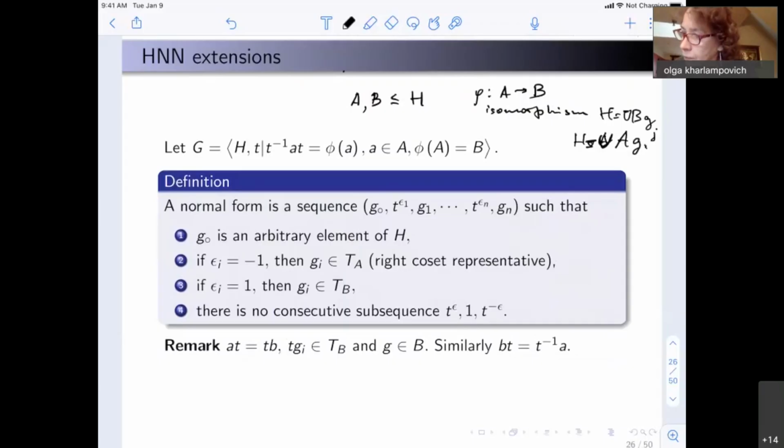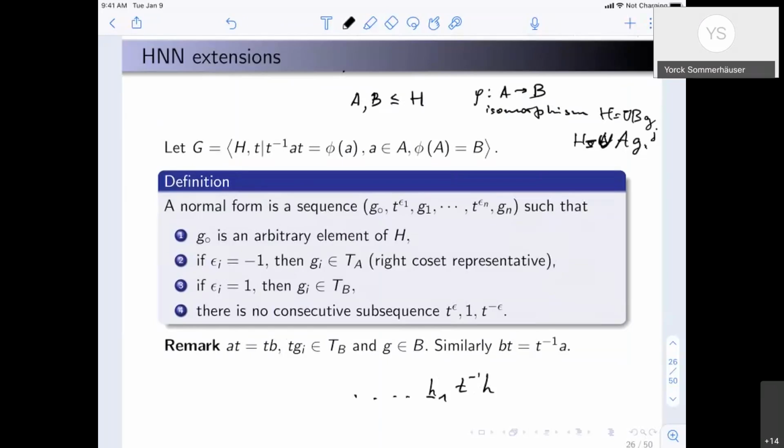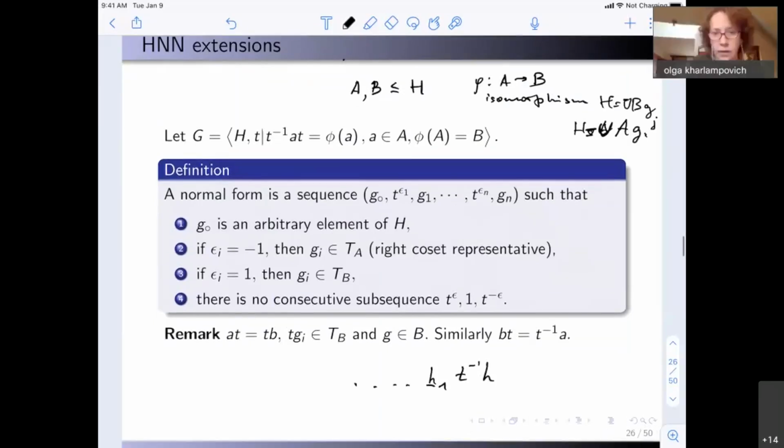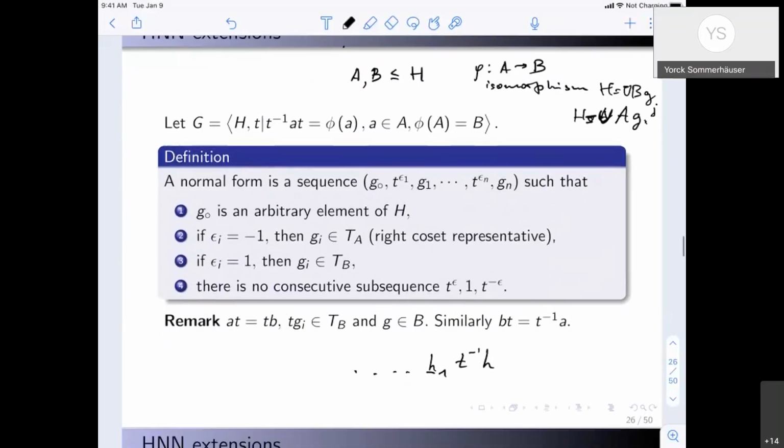So for example, suppose something at the end of the word, we have something, and then we have t^-1 h. Here it is h1. So for example, this is something, and then it ends on h1 t^-1 h.